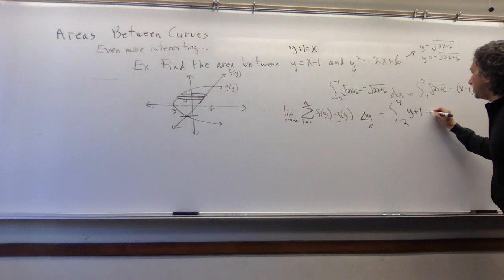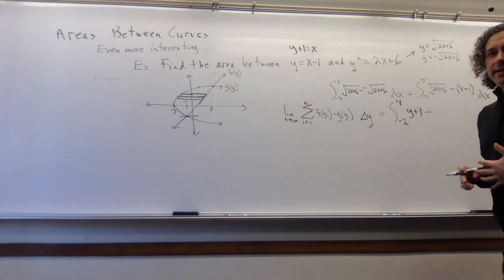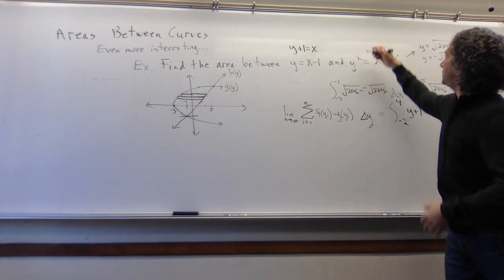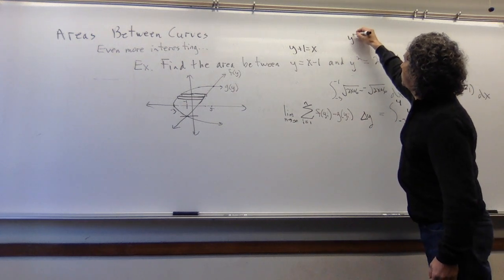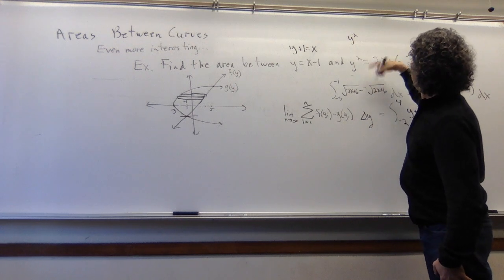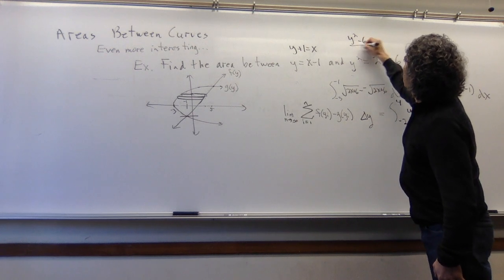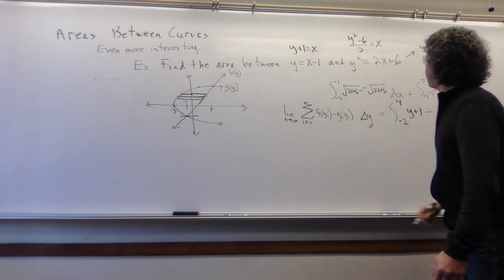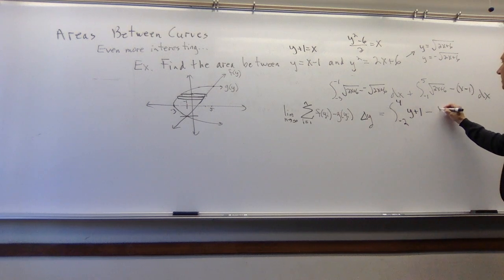Similarly, I'm going to subtract this guy now in terms of y's. So in other words, y squared, again, we did this a minute ago, -6/2 is going to equal x. I'm going to subtract y squared -6/2.